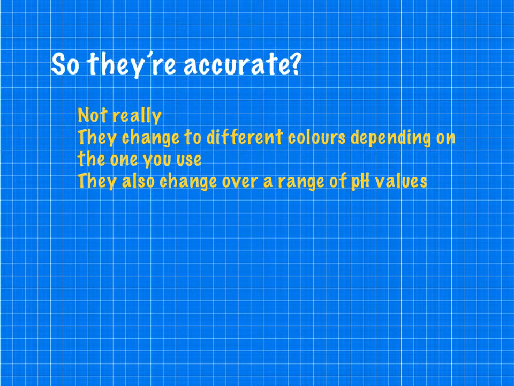They tend to be a little bit wishy-washy, in other words, telling us exactly when things are happening. It's sort of like saying about 3 or about 4, this is going to change colour. And it's not an exact thing, so that's why we should always say that indicators are useful but not accurate.